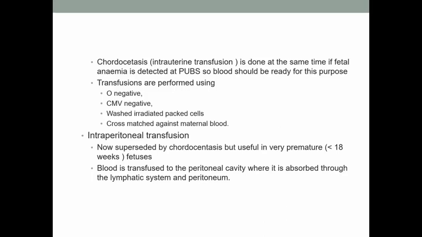If it is very low, we give O negative, CMV (cytomegalovirus) negative, washed and irradiated packed cells, and that is cross-matched against the maternal blood. This blood is transfused to the baby. So that is what we do, and so we can maintain the pregnancy a little bit more. This is done if the baby is too small to deliver.